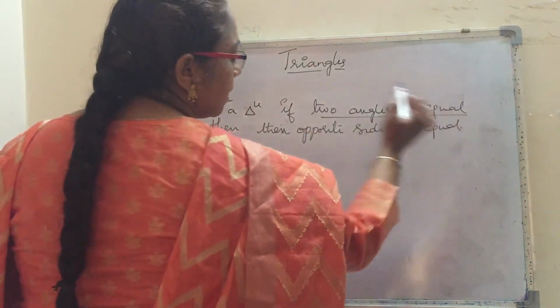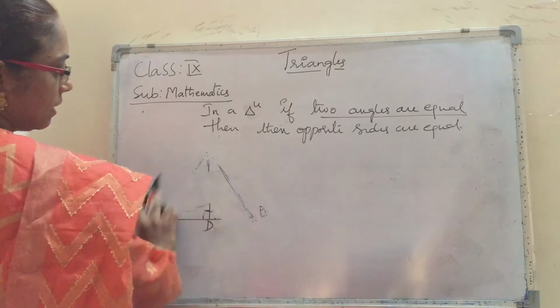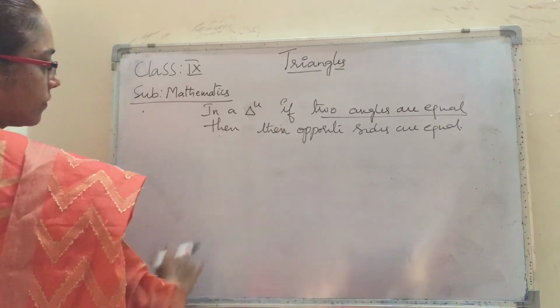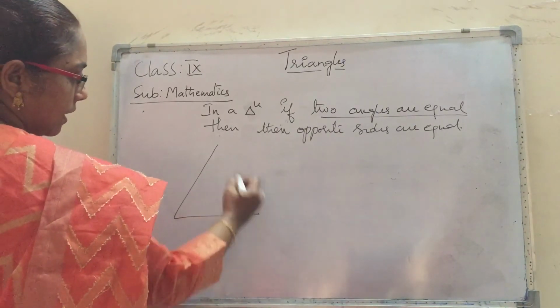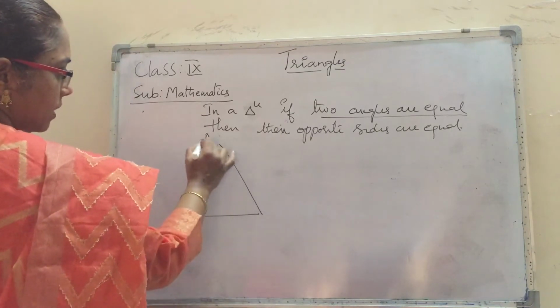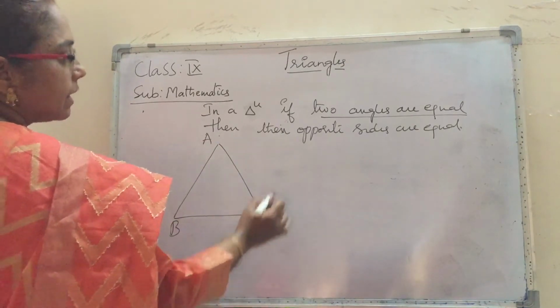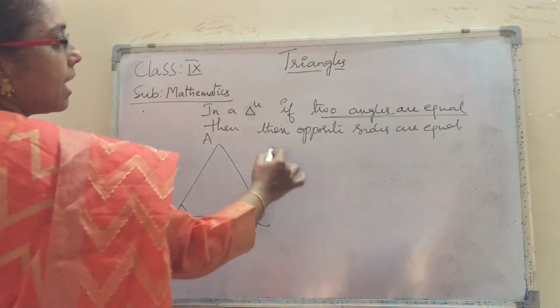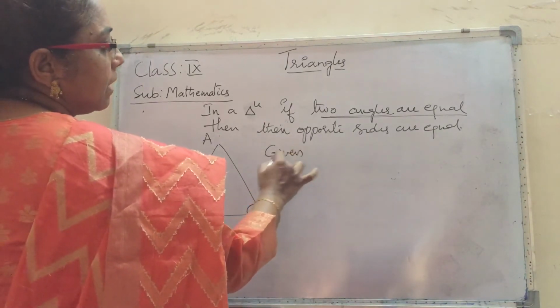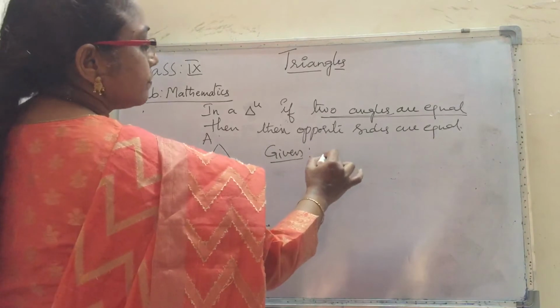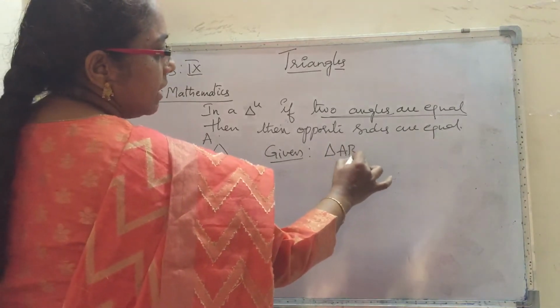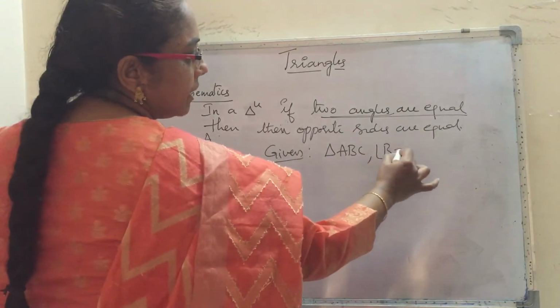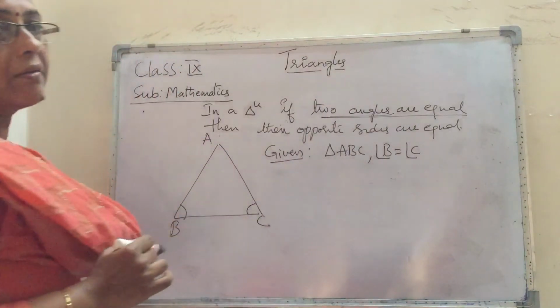Two angles are equal. See, again I will construct this triangle. So, take a triangle. See, here two angles are equal. Suppose angle B and angle C are equal. That is the given part. In triangle ABC, the given part is angle B and angle C are equal.